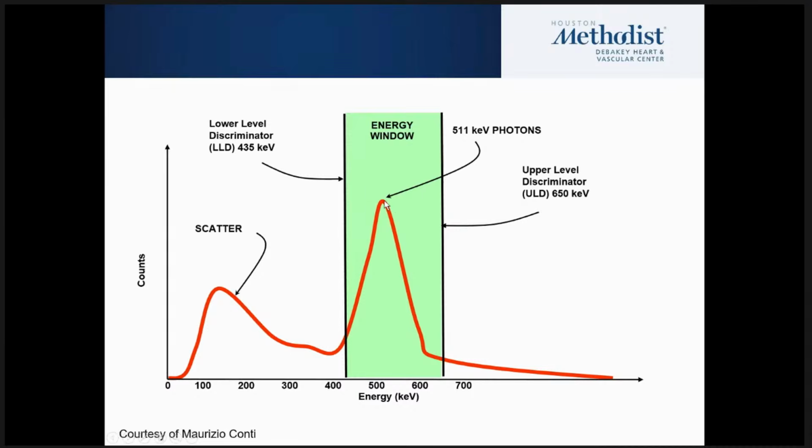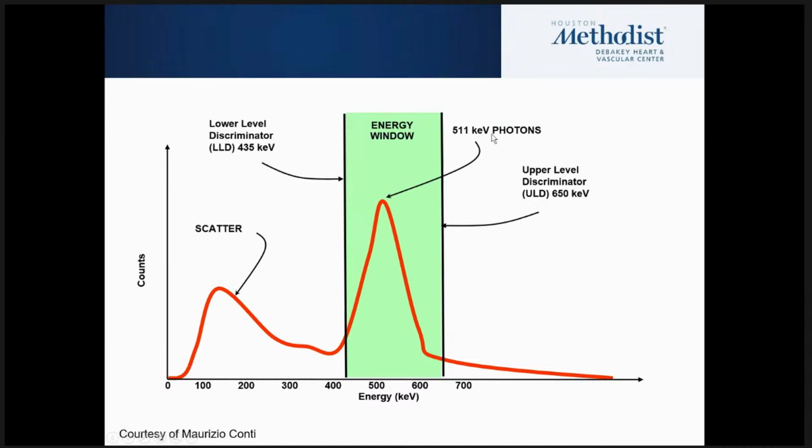And one of the ways that the system looks for that is to primarily look at the energy window. So the peak energy window for our photons is going to be around 511 keV. And that's another differentiator from SPECT imaging, because in SPECT imaging, if you're using technetium, you're imaging at 140 keV. And if you are using thallium, you will be imaging at 70 keV.